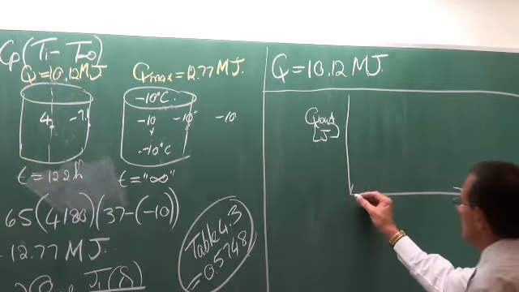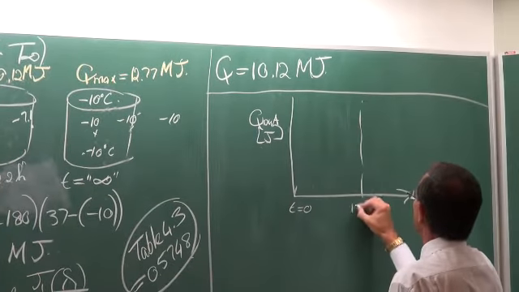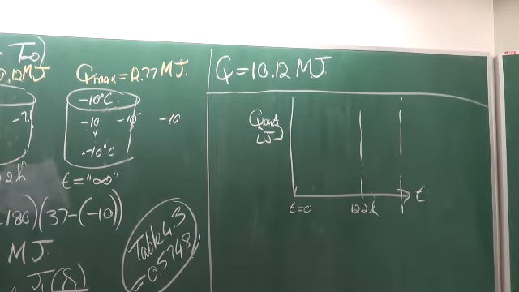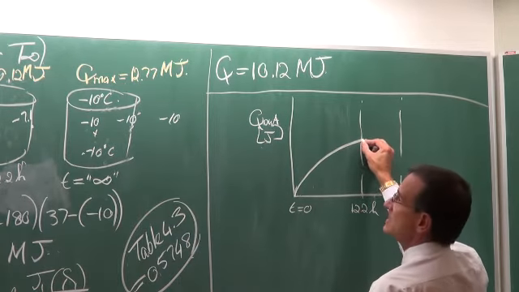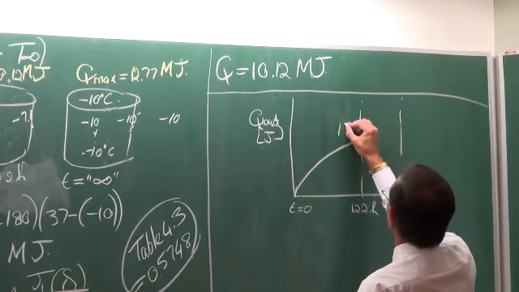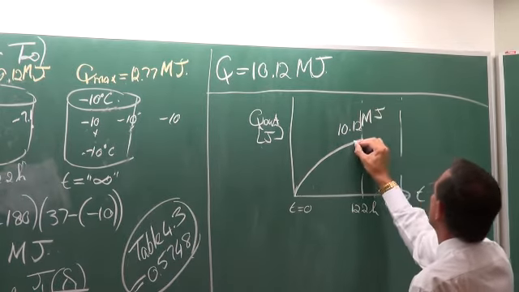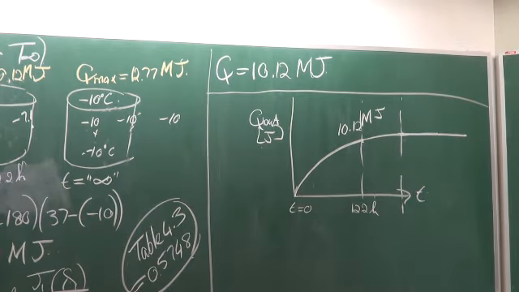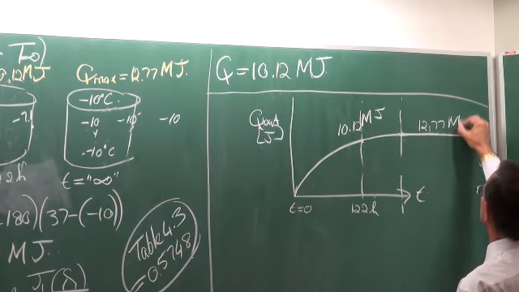If we assume at t equals 0 it is 0, then after 12.2 hours, that would be 10.12 megajoules, which is being removed, and then it will get to the point after which the curve is flat, which is equal to 12.77 megajoules.